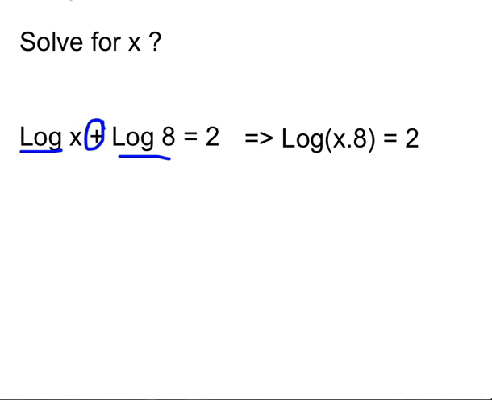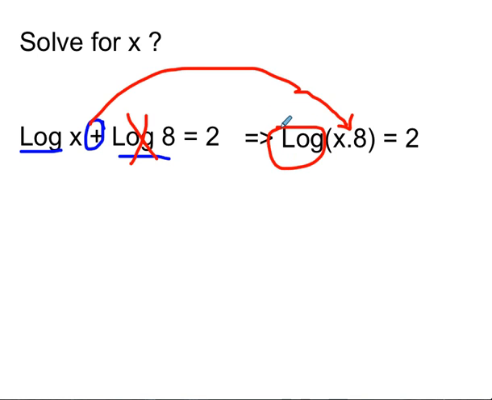See, the addition sign here becomes multiplication, right here the multiplication sign. Good. And we got rid of one of the logs, and we just write one of them right here. Good.